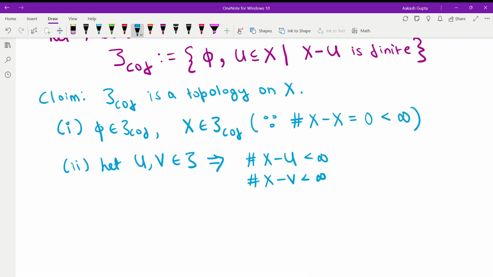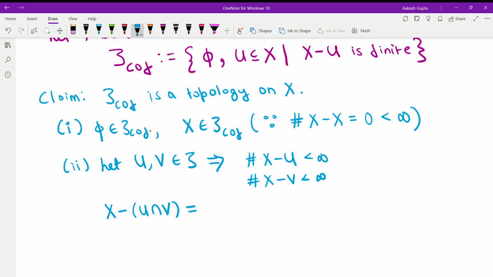Right? What you have to show is the intersection. So let us consider the complement of the intersection. So X minus U intersection V. What is it? Something like De Morgan's law.